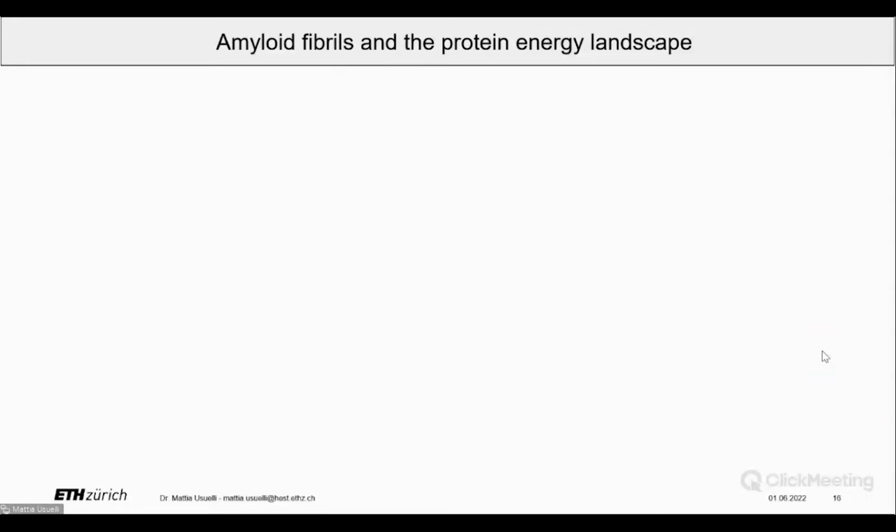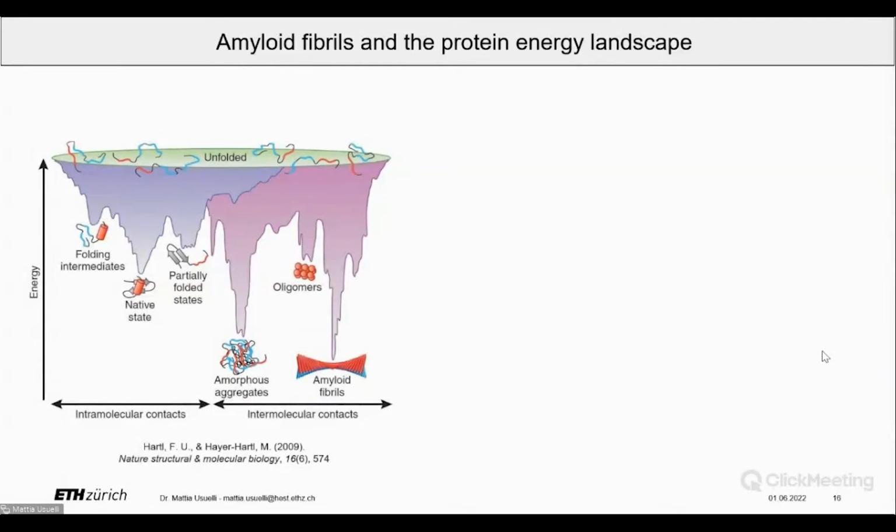In my personal research, I've been applying DLS and non-ergodicity to amyloid fibrils, but let's understand a bit more what these amyloid fibrils are. What you see here is the protein energy landscape. You know that proteins are very functional units that are used in biology to perform many tasks, for example, enzymatic reactions or building structure in the body.